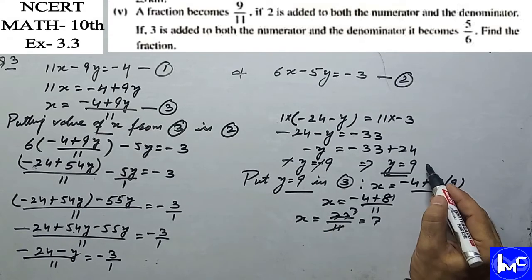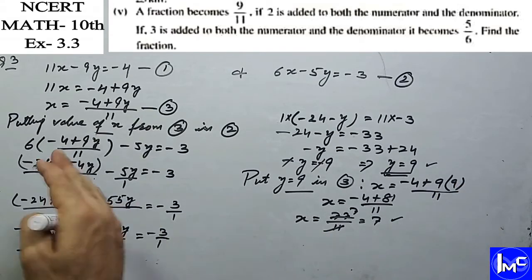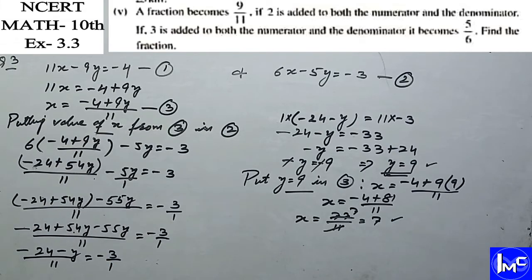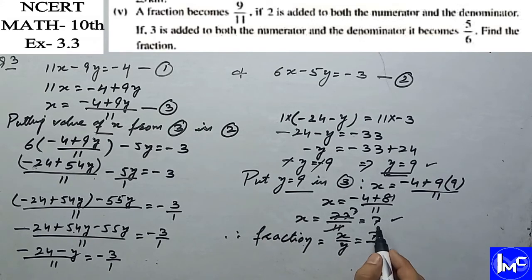So we have got y and x by simplifying these two equations. Now the answer is, therefore, the fraction is x over y, that is 7 over 9.